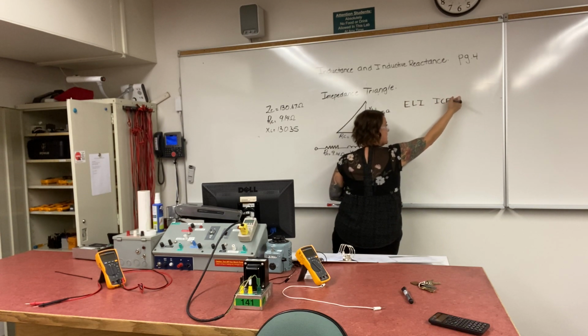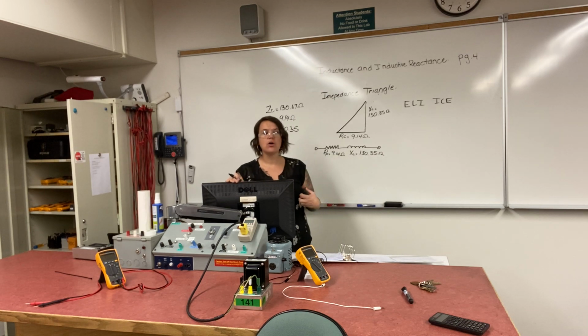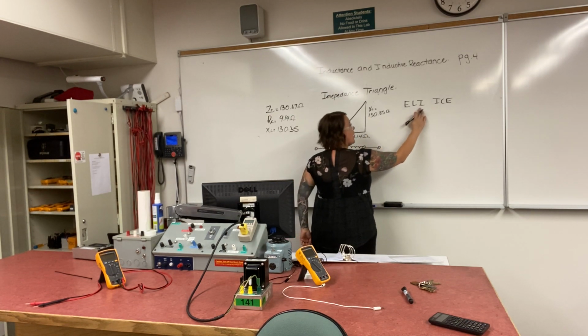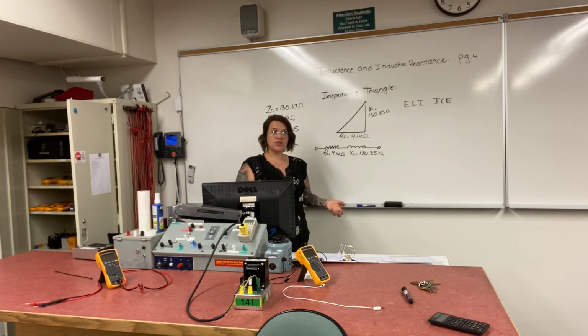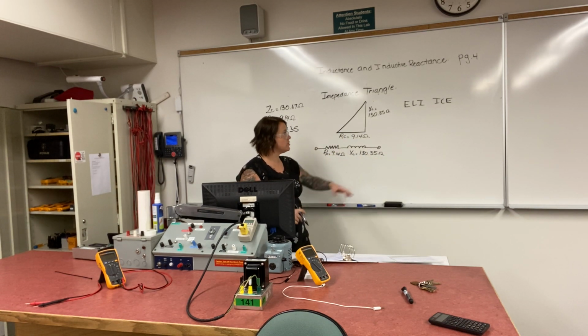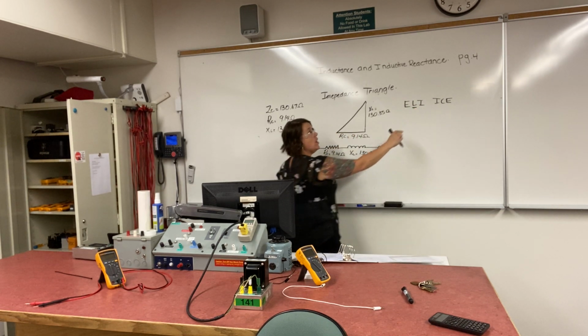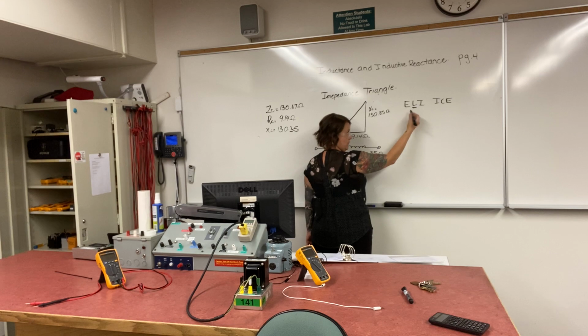And again, this is like an introduction to something that we are going to be working on a lot in the future. So ELI is the part that we would use to demonstrate the relationship between current and voltage in an inductive circuit. L representing inductive. Our current is lagging our voltage, right?